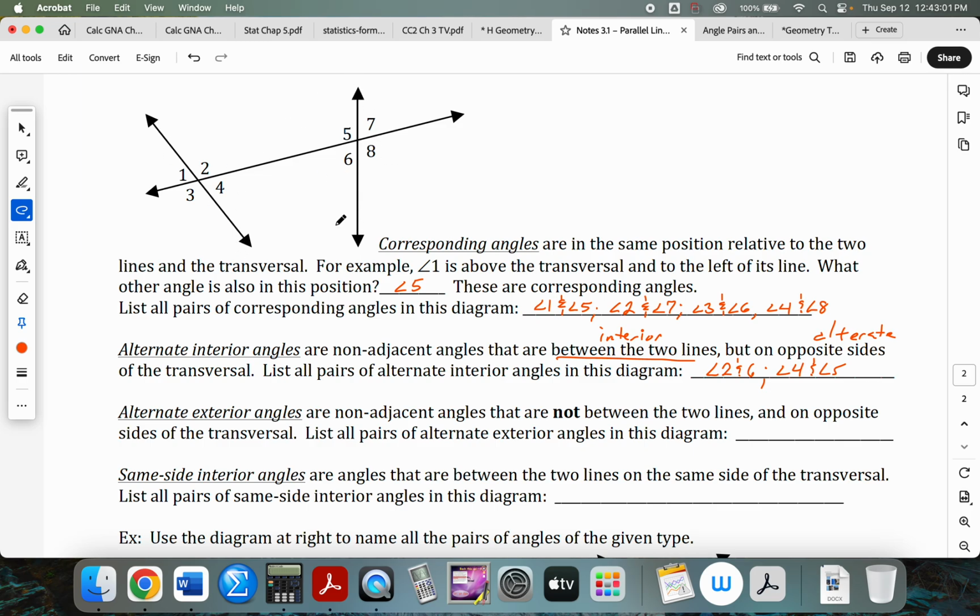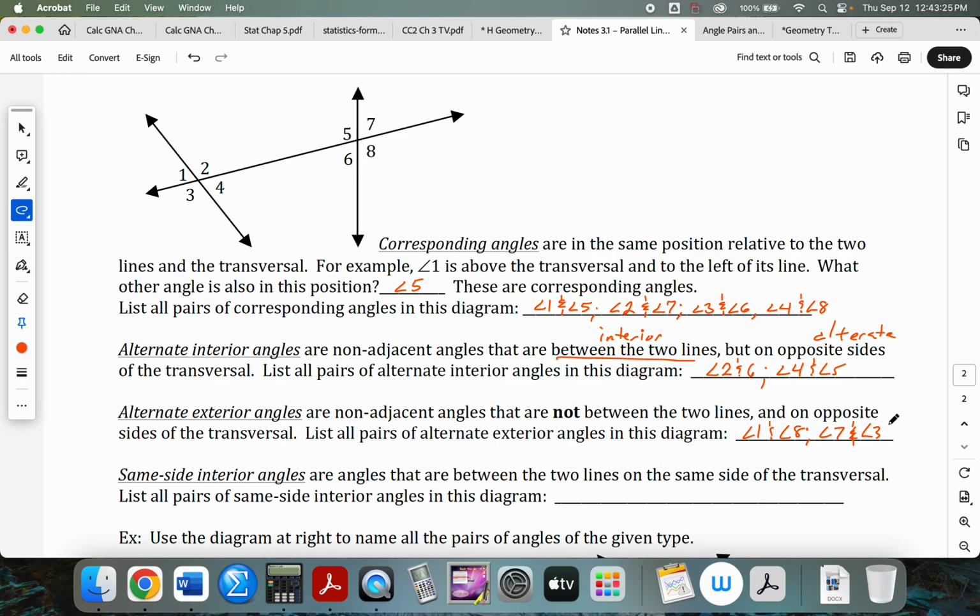Wait, hang on. 1 and 8. 1 and 8, there you go. Angle 1 and angle 8. Yes, Addie? 7 and 3. Okay. Angle 7 and angle 3. Those are alternate exterior angles.